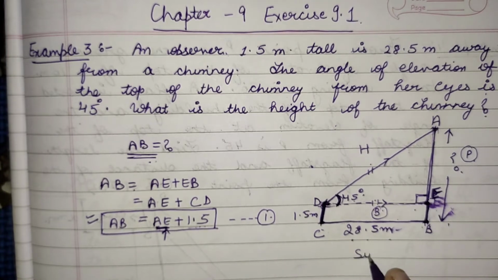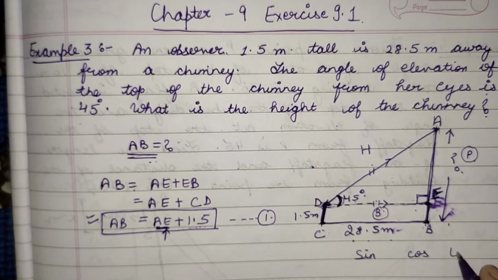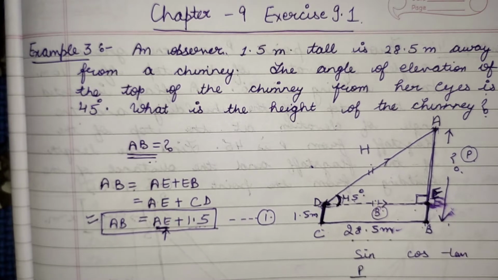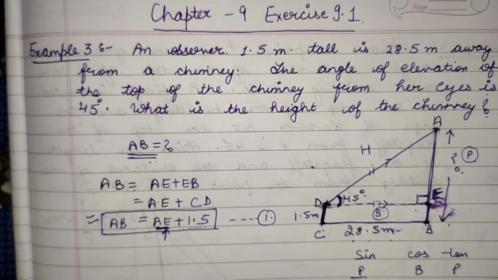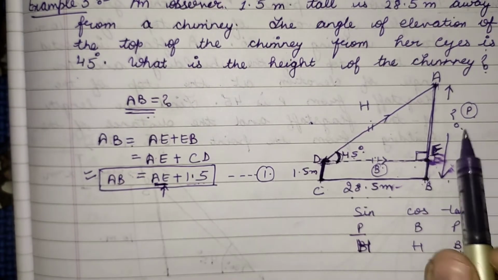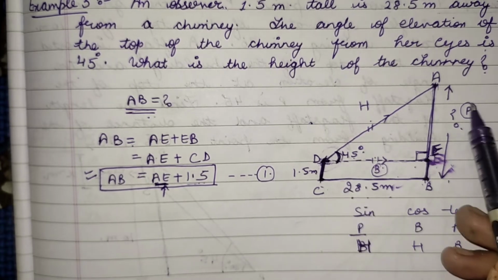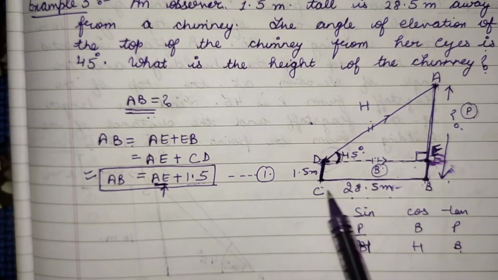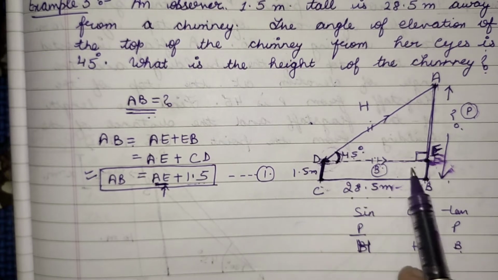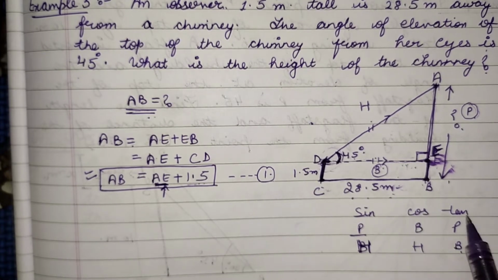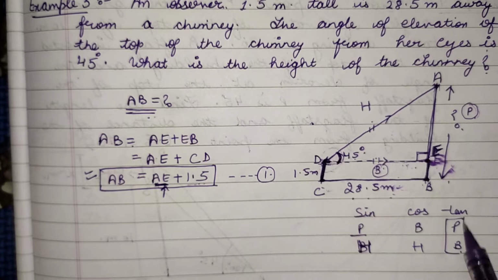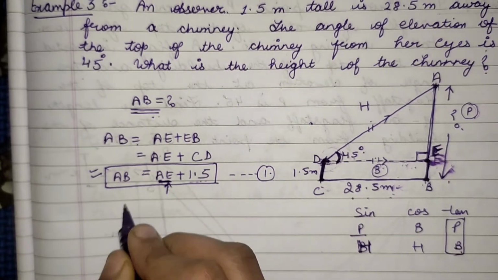Right. So which trigonometric ratio is going to give me this relation? Sin, cos, tan: P by H, B by H, P by B. Okay. So who is going to give me this relation? I have the angle, I have to find out this perpendicular, and the base is my 28.5. So the perpendicular by base ratio is tan theta.